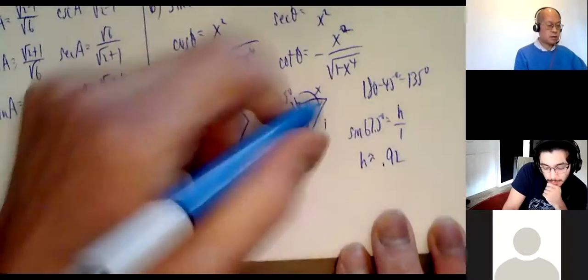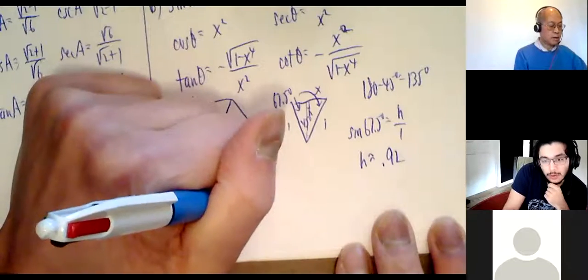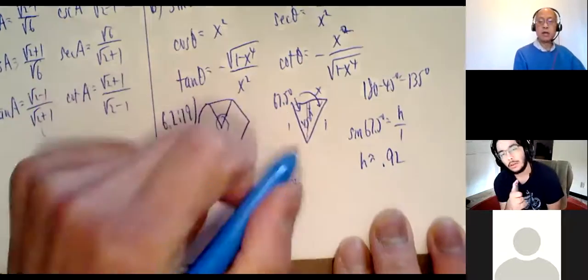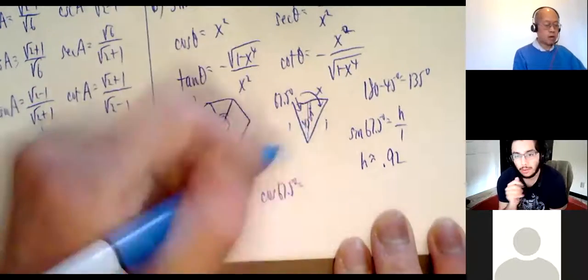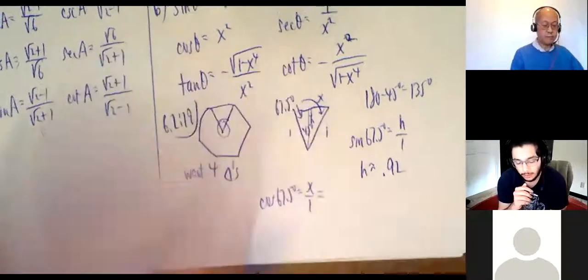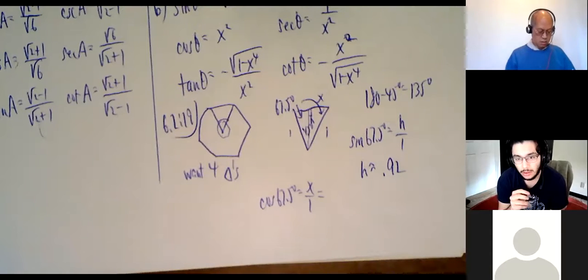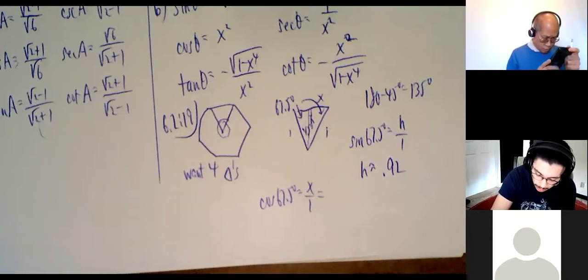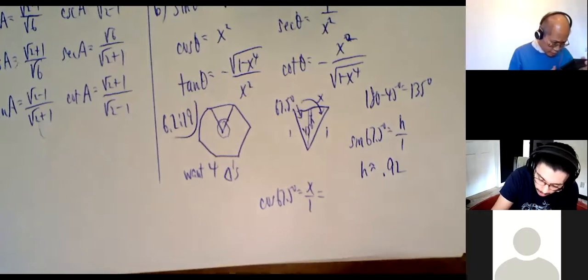Call that X. So cosine 67.5 degrees is adjacent over hypotenuse, X over 1. So cosine 67.5 is 0.382.